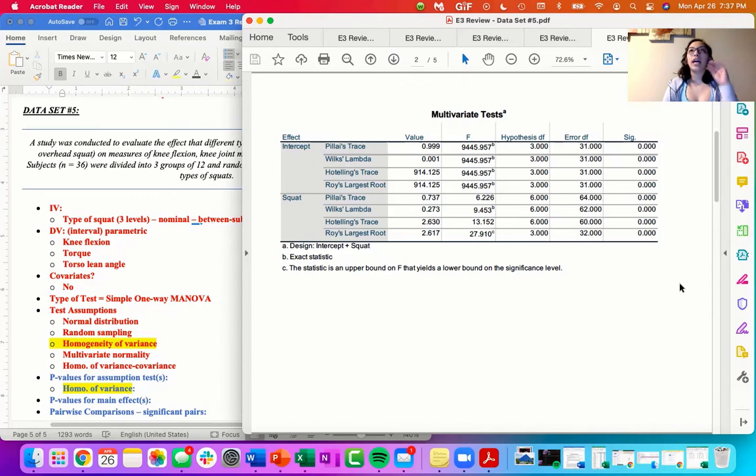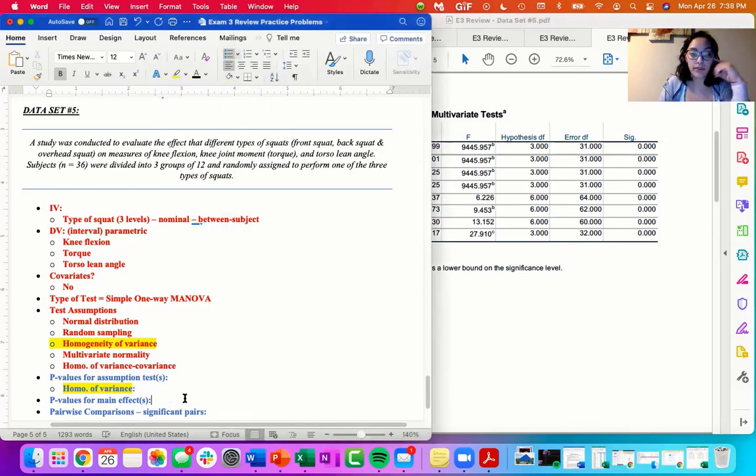And that is combining all of our dependent variables into like a virtual variable. And then we can say, does the independent variable, or independent variables if you have multiple, have a significant effect on at least one of the dependent variables? So the multivariate test is a part of our main effects. So we'll list that here.